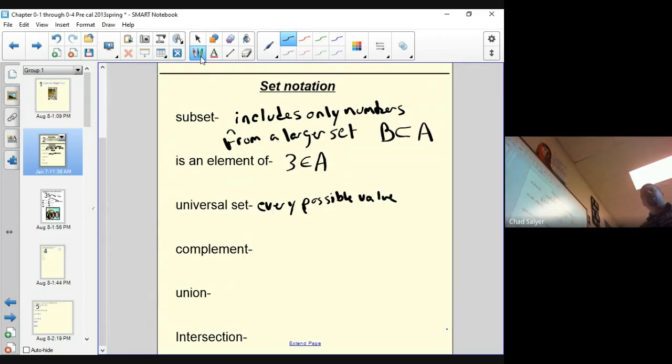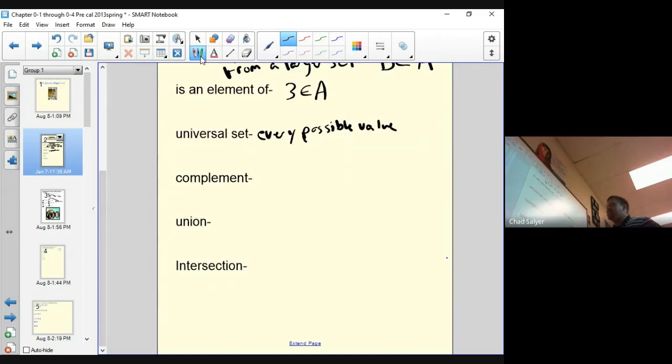So if we're talking about, I don't know, pin numbers, that would be 0 through 9. If we're talking about license plates, that would be 0 through 9 and also A through Z, and also a dash, because license plates have a dash in there.